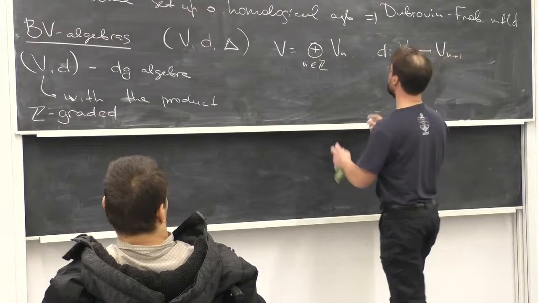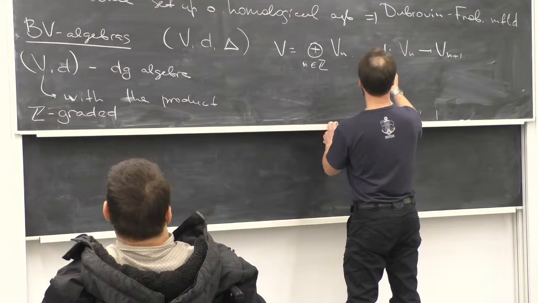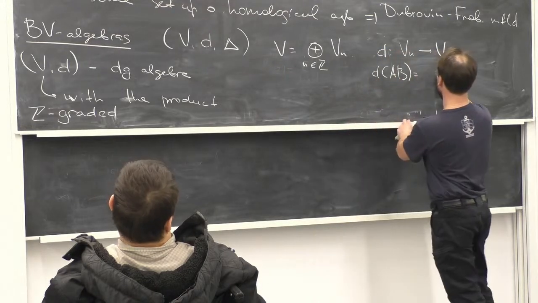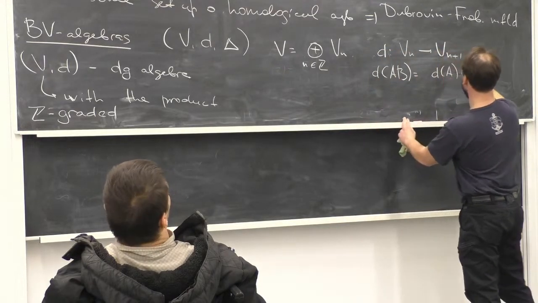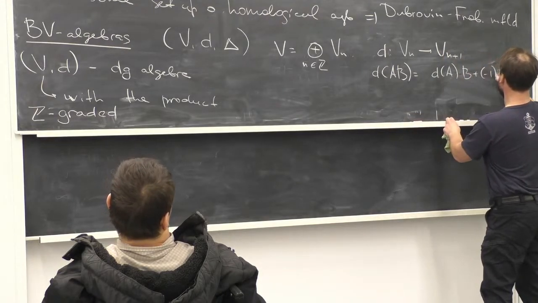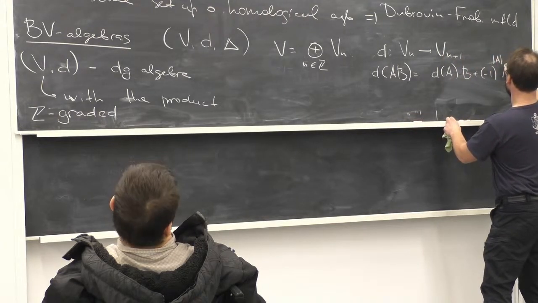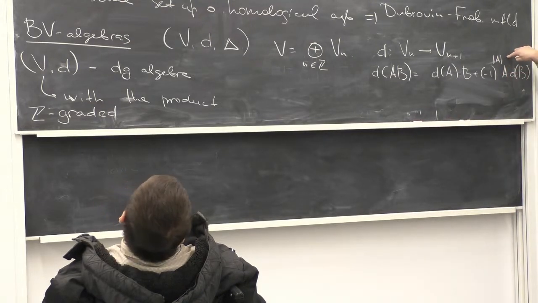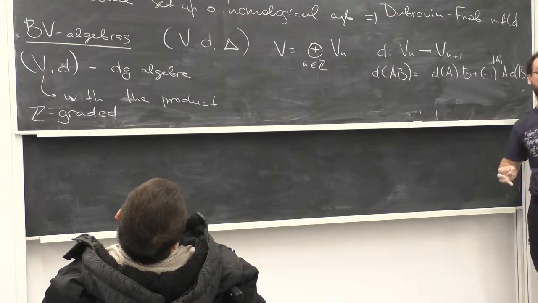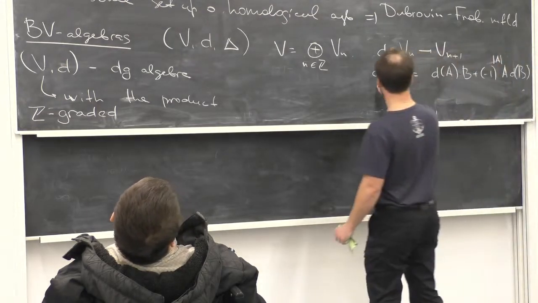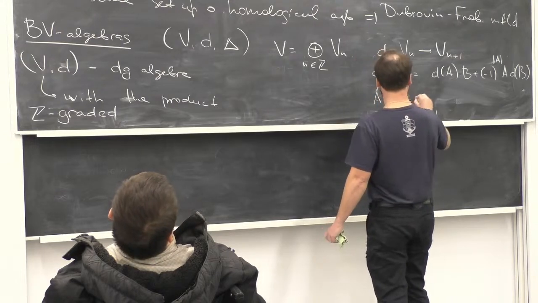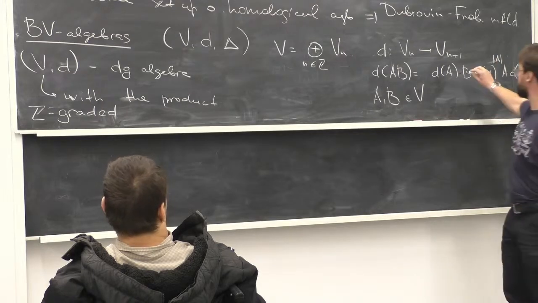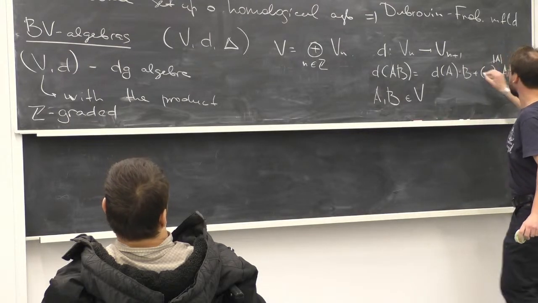And saying DG algebra means that D satisfies the Leibniz rule: D(AB) = DA times B plus (-1)^{|A|} A times DB, where A and B are elements of V. The product is the multiplication, this dot.